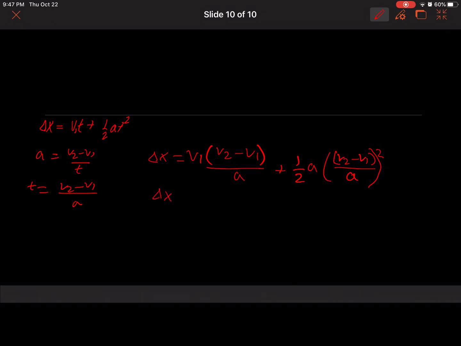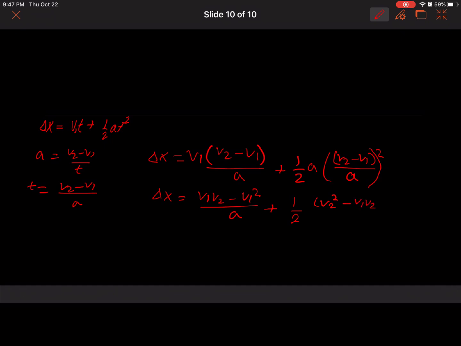So this is v1 v2. It might sound stupid that I'm expanding, but it's actually very helpful, as you'll see. Half a. This a cancels out with the a squared below, so we get an a in the denominator. Then v2 squared minus 2 v1 v2.